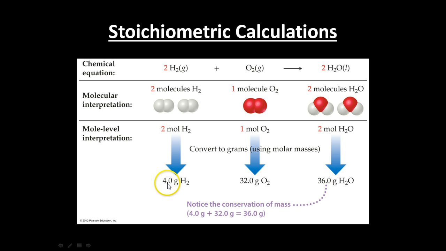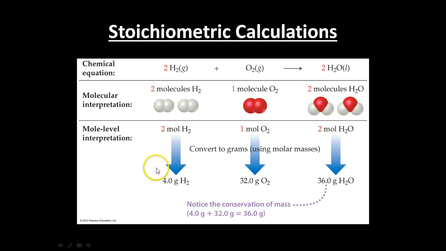And so if we get 4.0 grams of hydrogen and 32.0 grams of oxygen, we should be able to react both completely together and get 36.0 grams of water out.